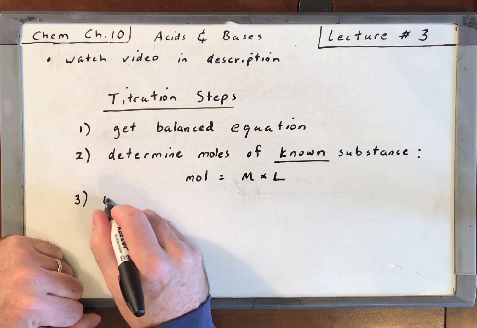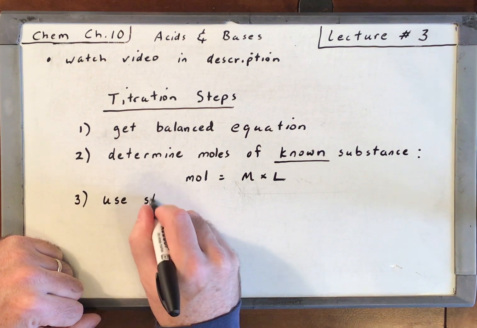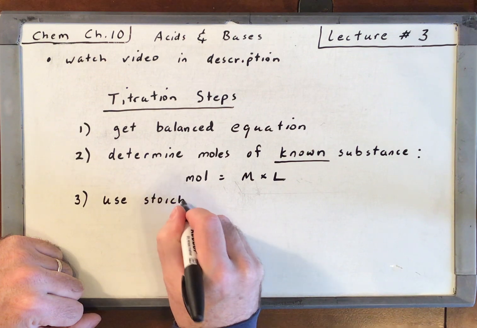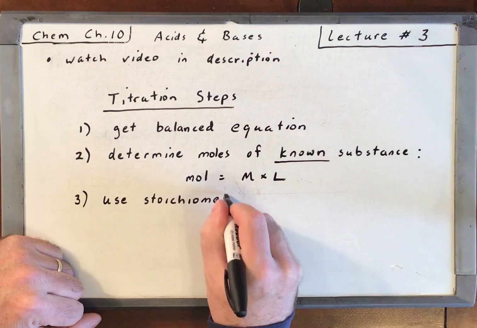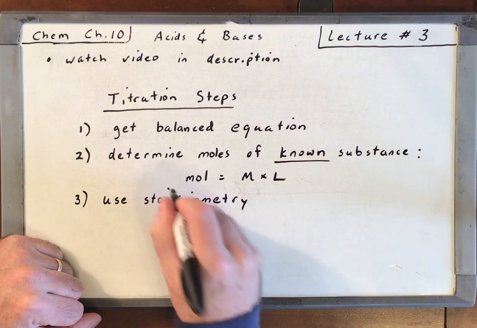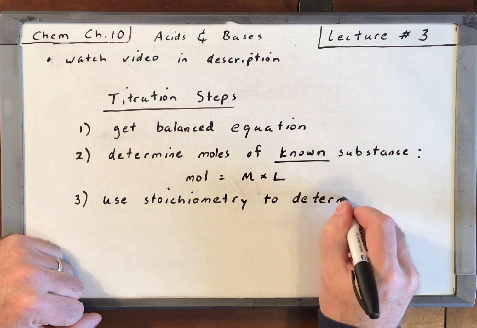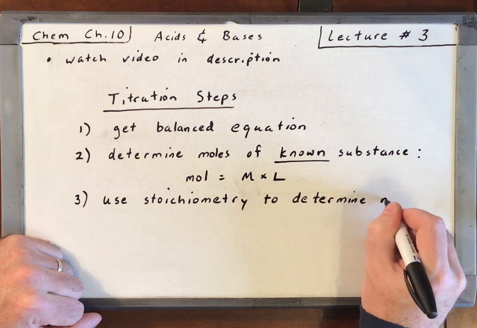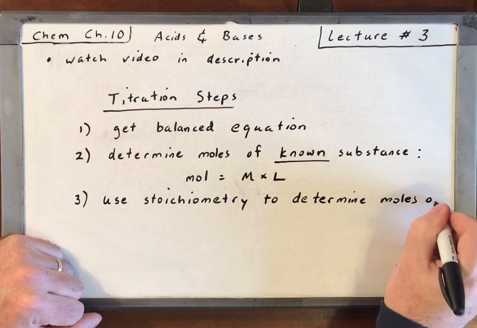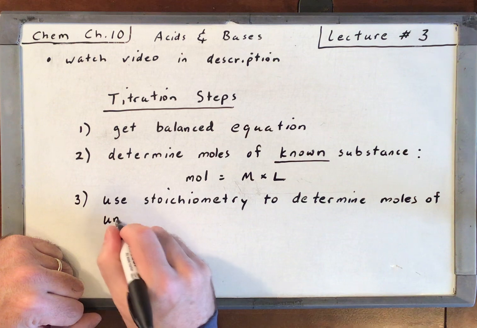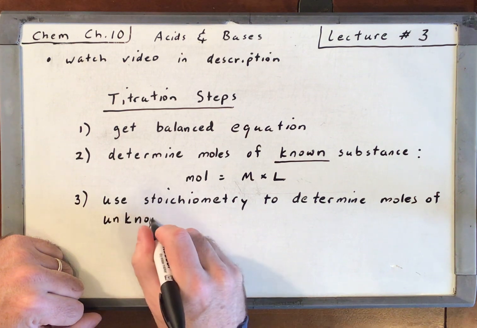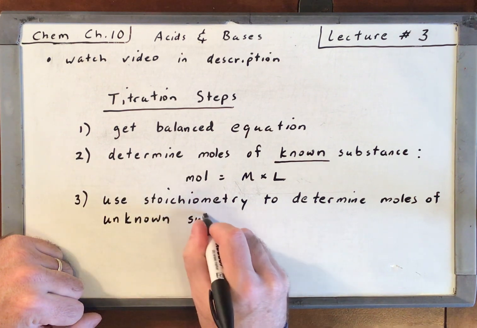Step 3 is we're going to use stoichiometry to determine moles of the unknown substance.